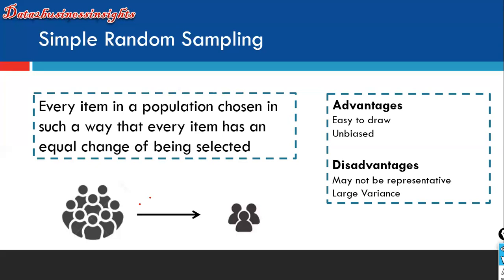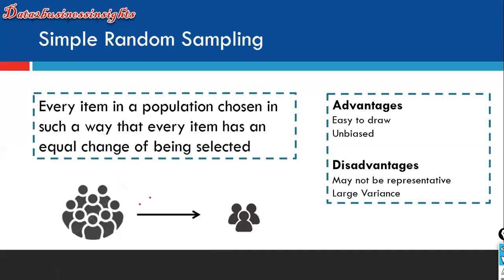Randomly, you should have selected people from these three groups, and then run a survey. Since you ran a survey only with the majority of high income group people and a few middle income group people, but ignored the low income group people, it is not representative. Your sample should represent all the segments of the people in the population. You randomly called some people, you did not call your relatives or friends, and you ran a survey. Hence, it is unbiased, but there is no coverage. The right term is coverage.